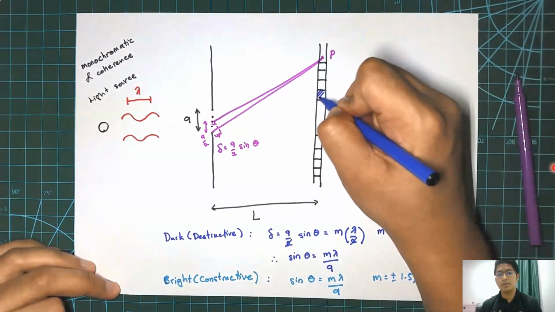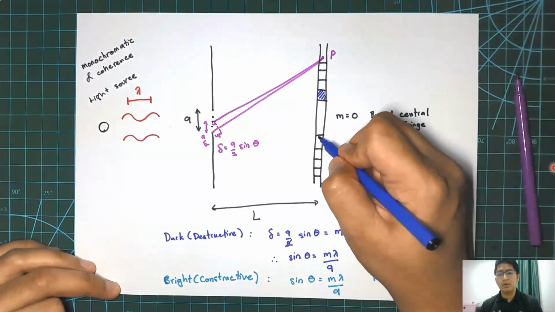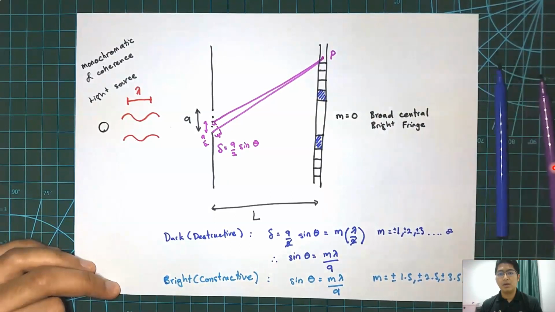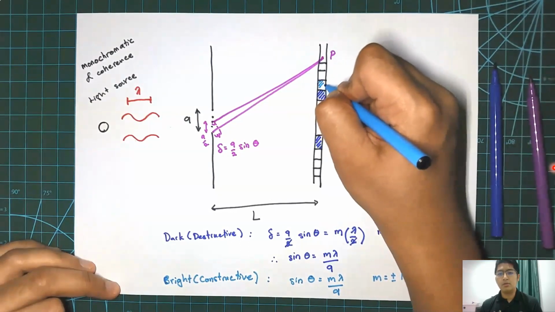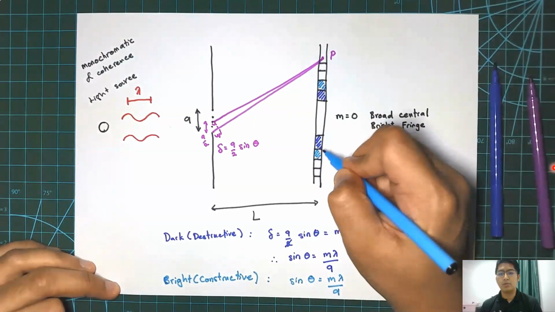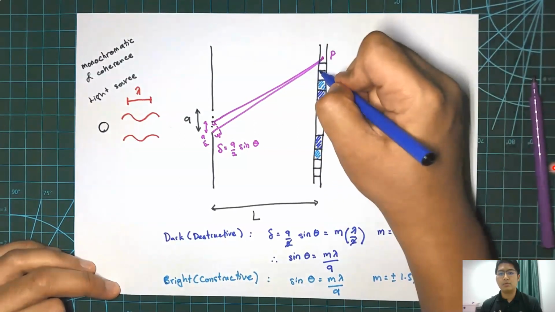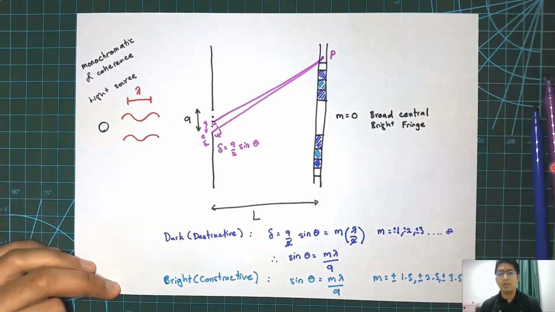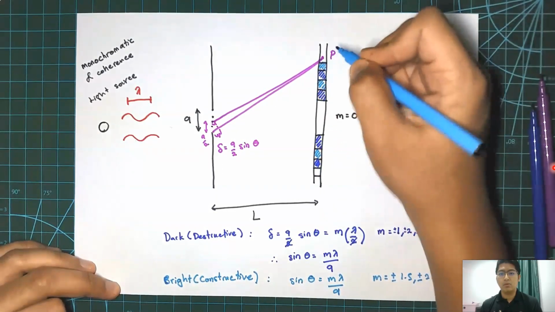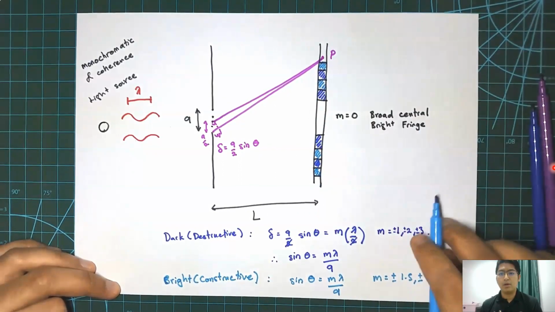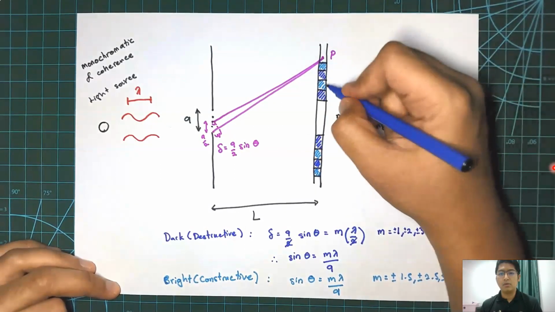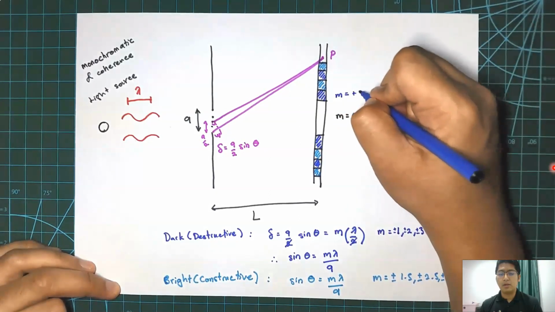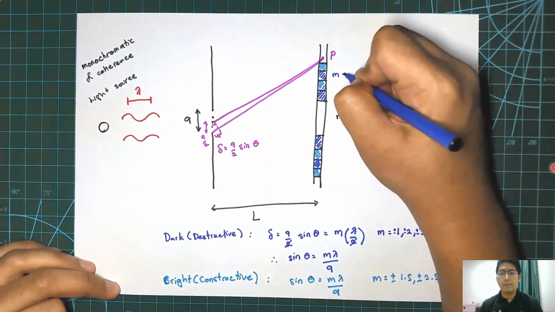The size of each fringe is not the same. It's not similar to the two-slit experiment. For the two-slit experiment, the size of the pattern is quite uniform, but for a single slit, you will have a very broad central bright fringe flanked by very narrow bright and dark fringes.